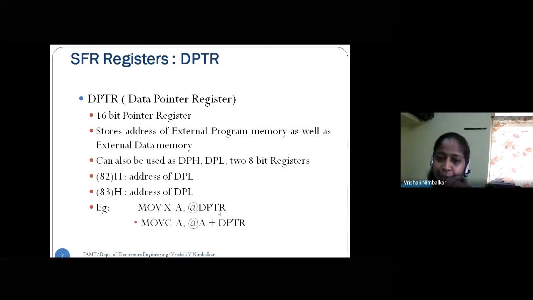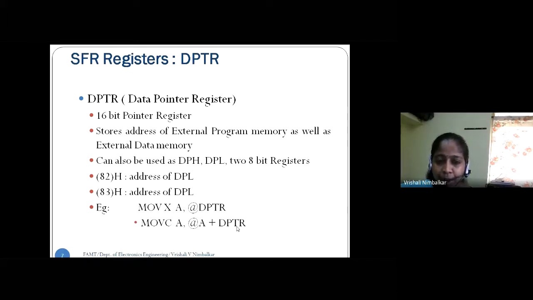The use of DPTR. Look at the second instruction. MOVC A, @A plus DPTR. So here, how is that address generated? The information of DPTR is added with the accumulator, and that's how a new address is generated.